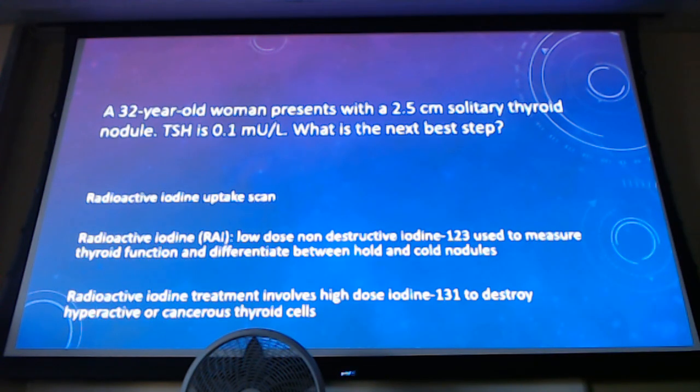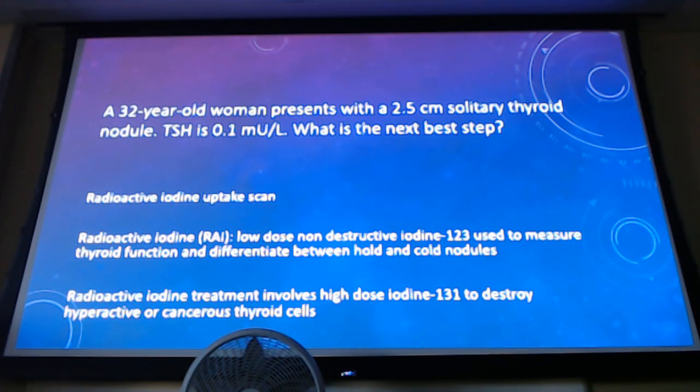This is something I didn't really talk about too much. So there's two radioactive iodines. The first one is the uptake scan. It uses a low dose iodine 123, which does not destroy the thyroid.